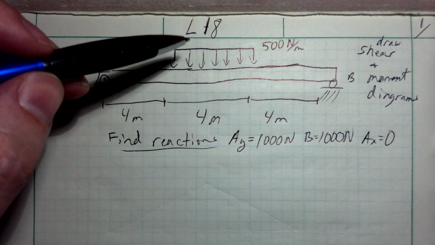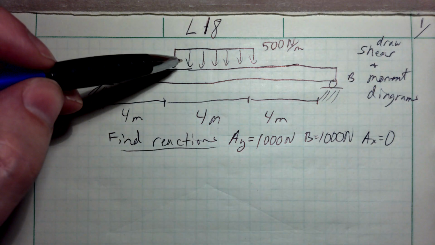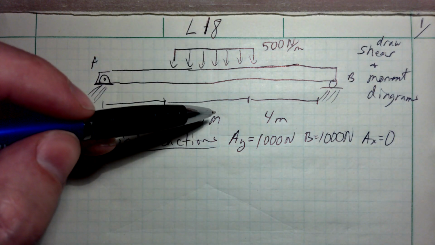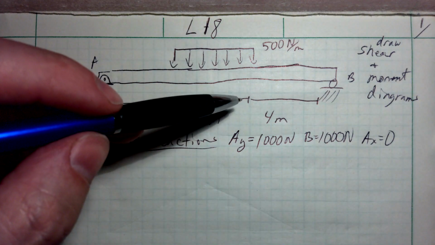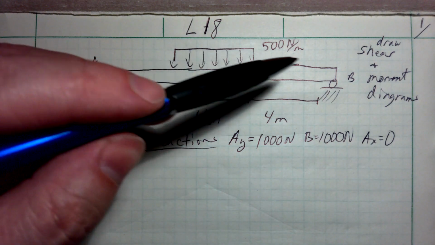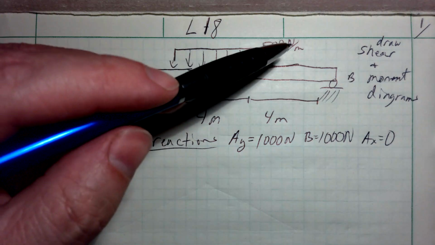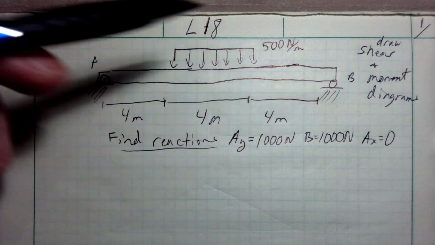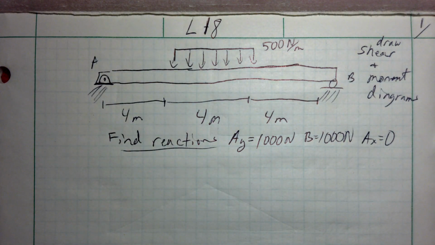And then from here, right at 4 meters, you now have a distributed load, so that's a change. So we need a cut in here from 4 to 8 meters. And then after that, we go from 500 newtons per meter down to 0. That's another change. So I need a cut in here from 8 to 12 meters out here.